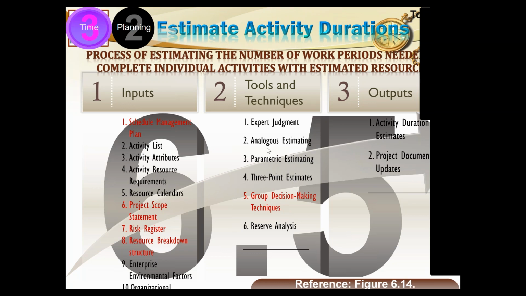Analogous estimating is when we are creating an analogy with a previous past event. We say, I have done a similar kind of activity in another project, and I can say from experience that that job was done in 3 days.